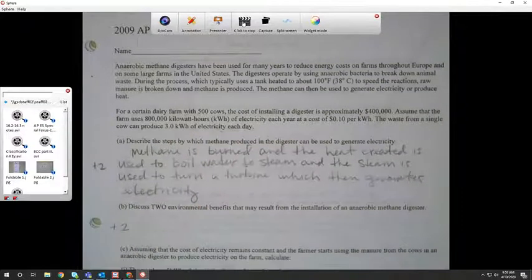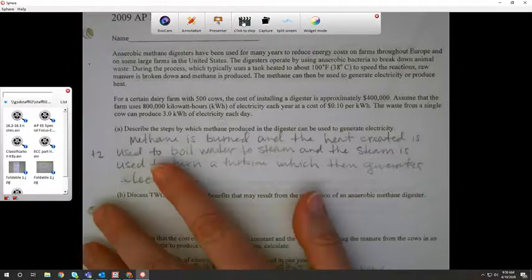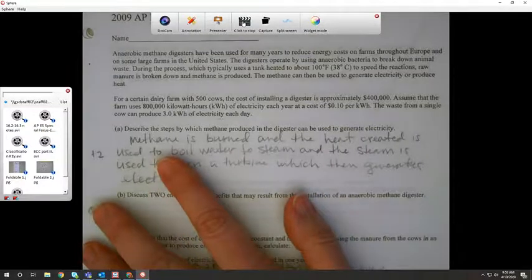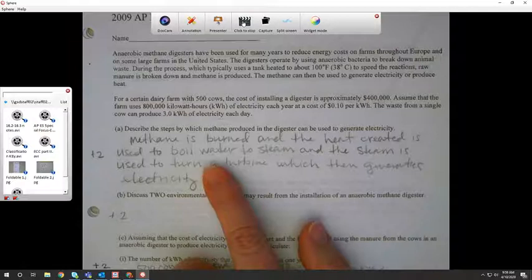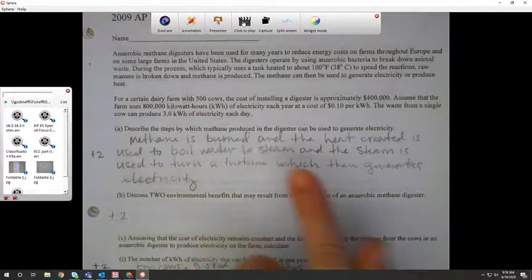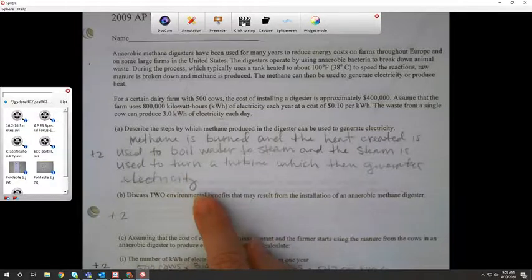So first question says, describe the steps by which methane is produced in the digester and can be used to generate electricity. So the methane is burned, and the heat from that burning is used to boil water. The water turns to steam. The steam is used to turn a turbine, which then generates electricity.